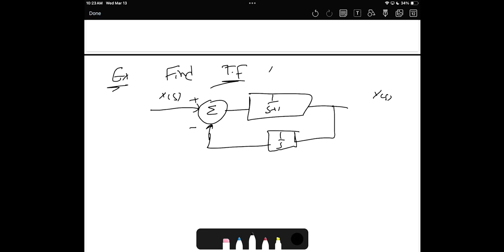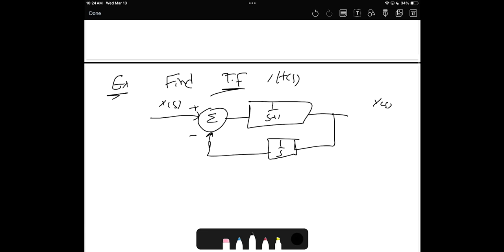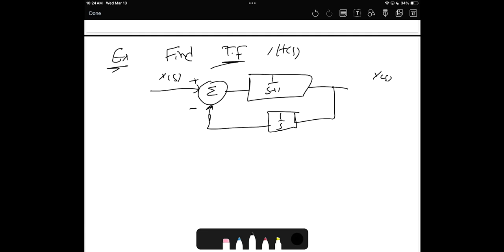Or sometimes we call it h of s, whatever. So how to follow this, here I'm going to make a slight change, I'm going to make it positive. So it's not every time negative, sometimes positive, sometimes negative. You need to take this into consideration. So what I'm going to do, the best thing, I can call this block G1, I can call this block G2. So you can follow with me.